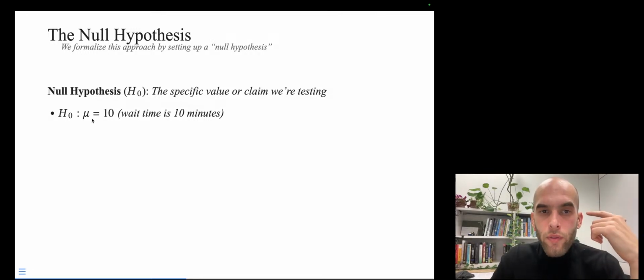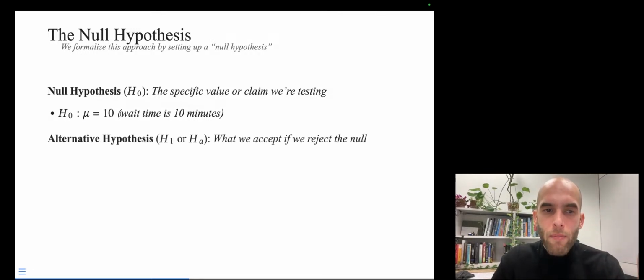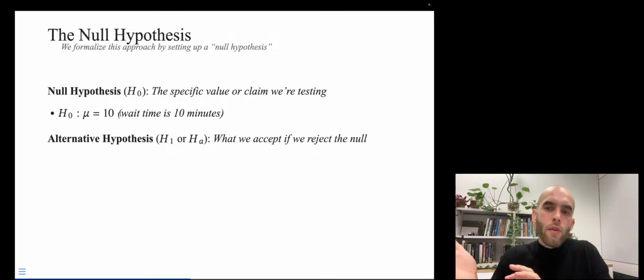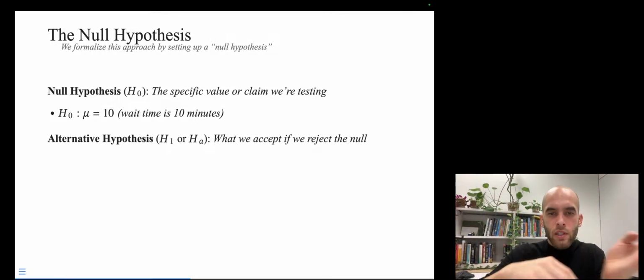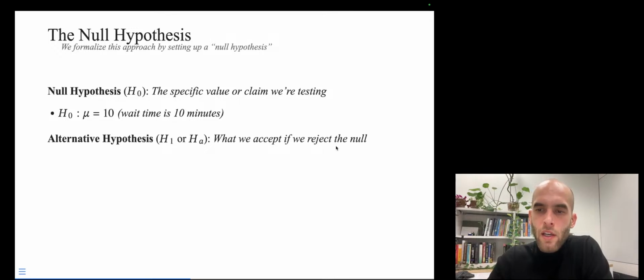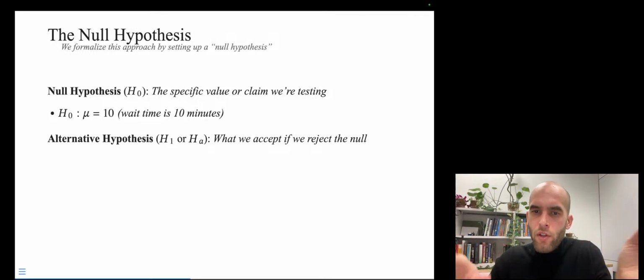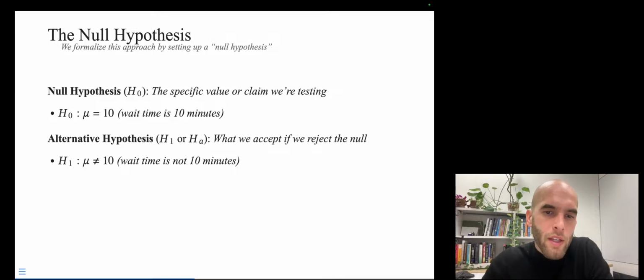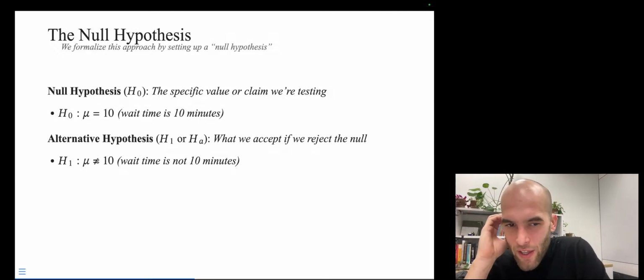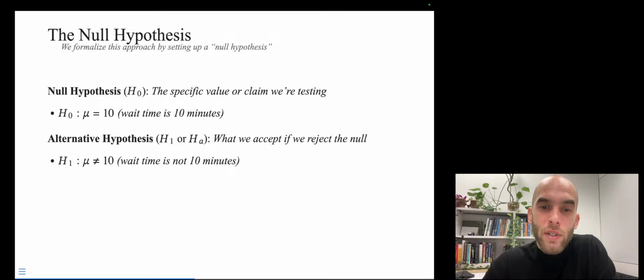We also call the converse of the null hypothesis the alternative hypothesis, denoted with H subscript 1 or H subscript A. It's the world we live in if we reject the null hypothesis. In this specific example, that's that mu is not equal to 10.